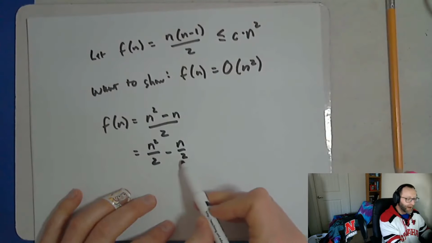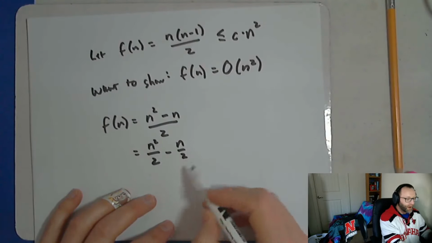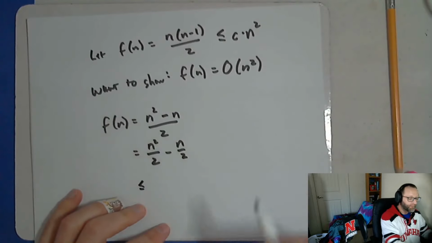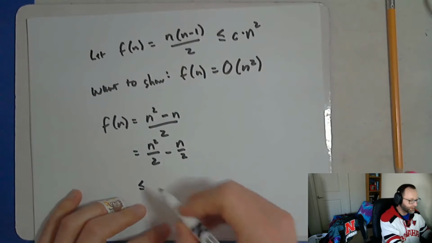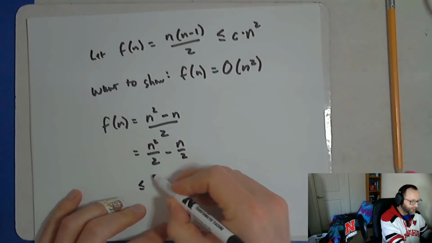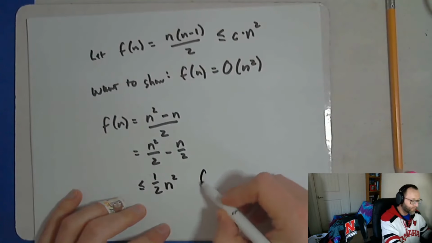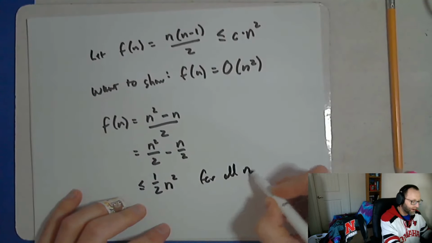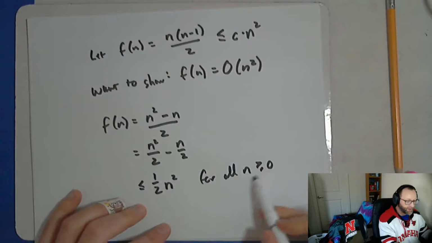So if I subtract something, I'm making it smaller because this is always going to be positive. I can make this bigger by simply adding n divided by 2, canceling out that second term. This is less than or equal to, and I'll pull out that 1/2, n squared, for all n greater than or equal to 0. It's not true, of course, for any negative n. That's why I'm putting this condition here. But of course, this is algorithm analysis.